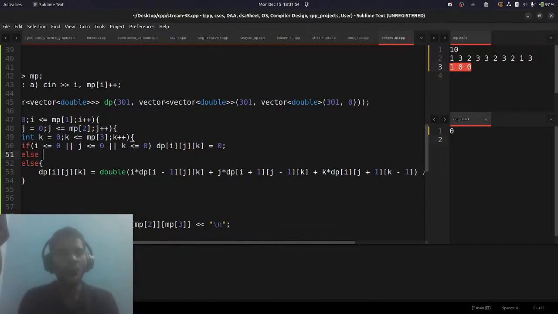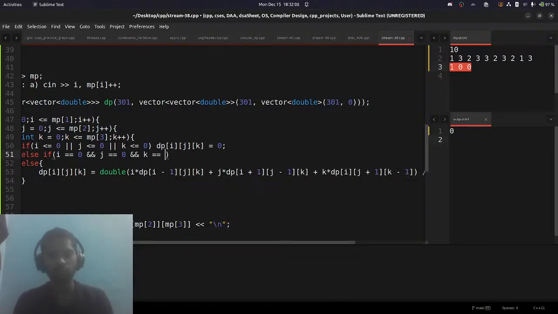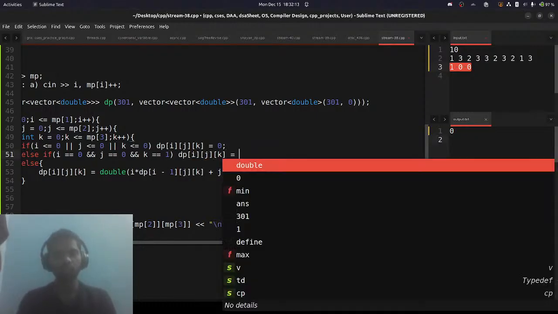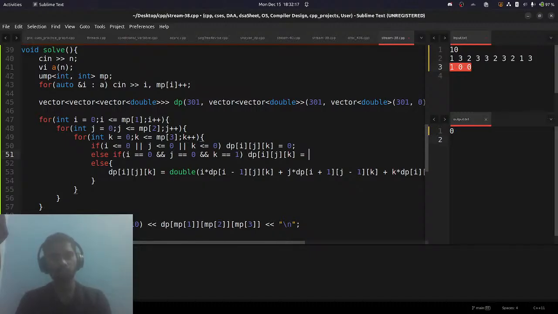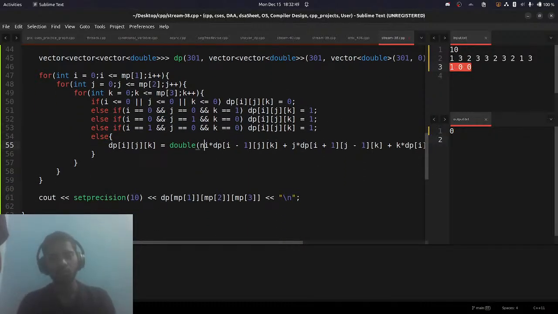Else if i is double equal to 0 and j is double equal to 0 and... okay, it didn't work.